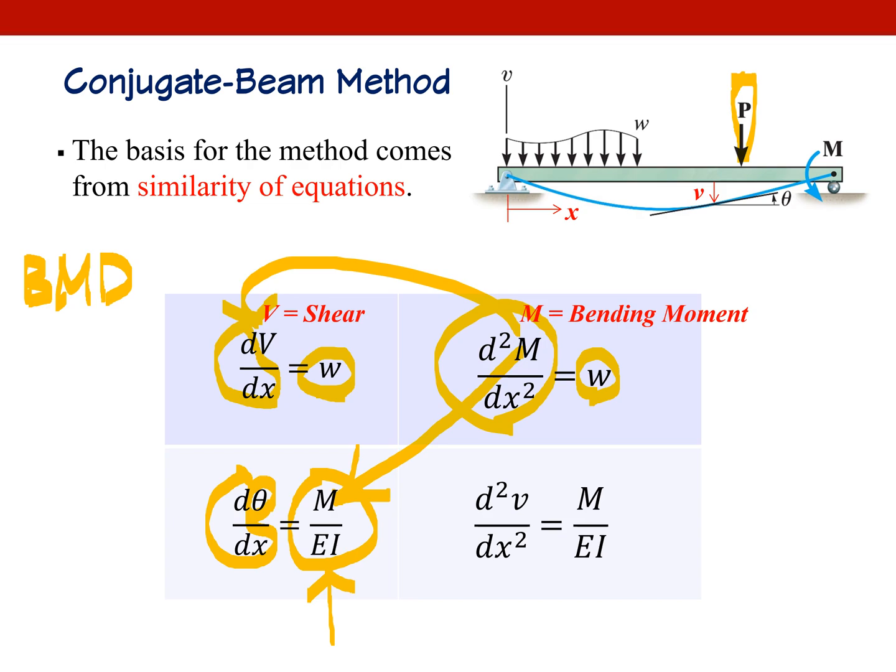If you take the second derivative of deflection, vertical deflection, then you are going to get M over EI. Memorize M over EI. We are going to use M over EI a lot in this chapter and from now on.